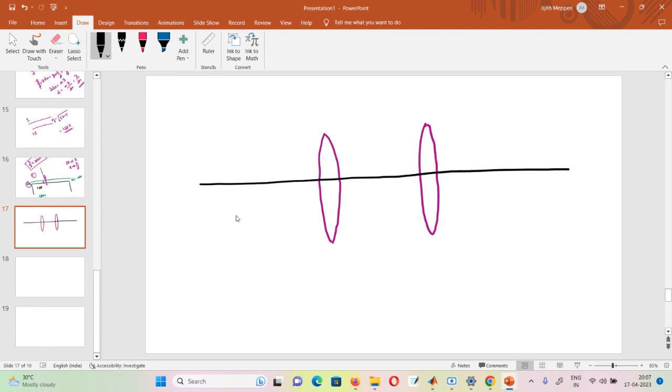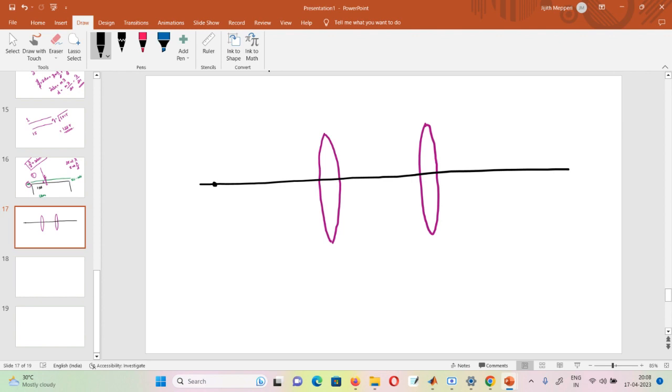Just think that I have a point source. Now the aperture stop is the one which controls the amount of light which passes through that particular system.